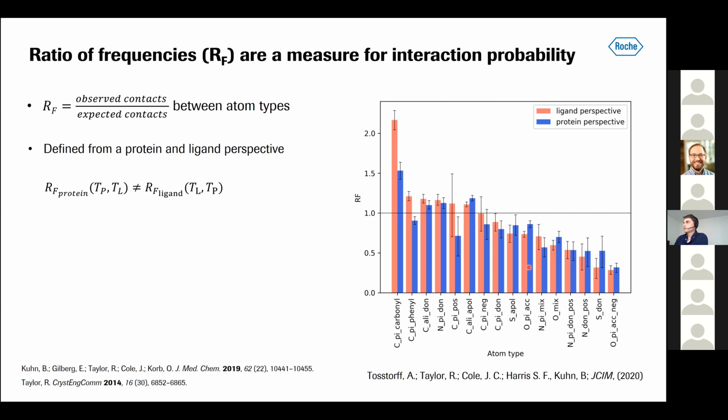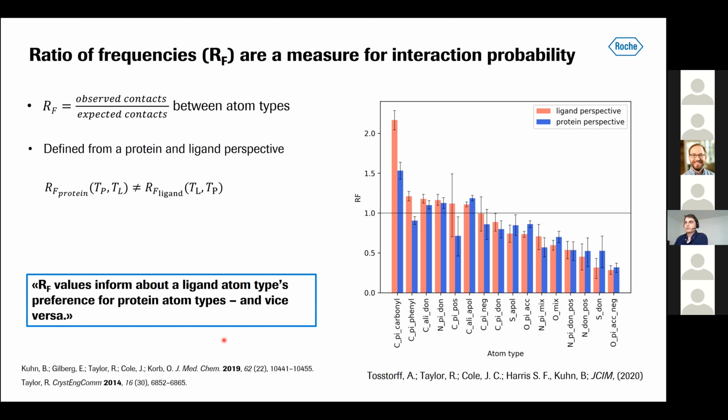And you can see that you have from the ligand and the protein perspective different preferences for such an interaction between chlorine and either of these protein atom types. Importantly, to sum up what the RF value tells you, it informs you about the ligand atom type's preference for protein atom types and vice versa. And these, as you can see in this plot, must not necessarily be the same.